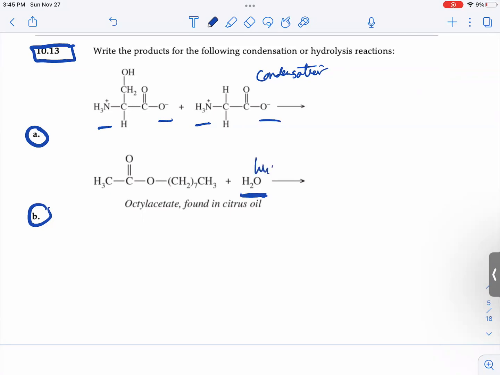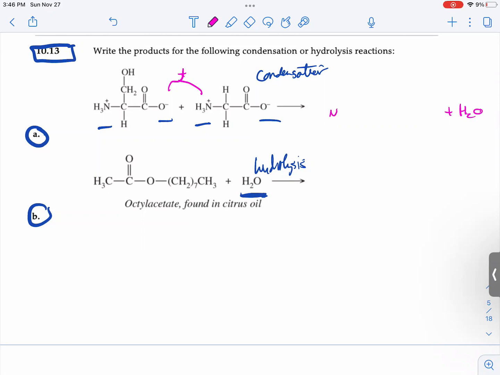Here we're going to have hydrolysis. So if we have condensation, we're going to be putting these 2 amino acids together, all right? So how are we going to do this? Well, you know you're going to be making water, but what's important are those 2 amino acids joining together to make this dipeptide, right? So that means we're going to be making this peptide bond.